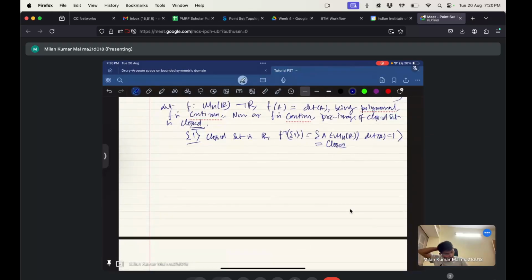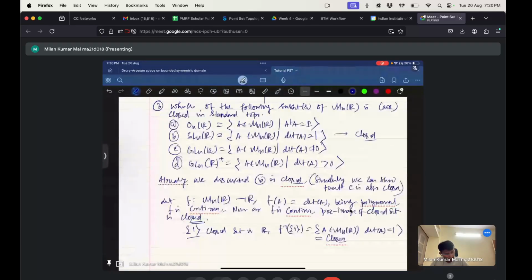Similarly, we can show that C and D are open. How can we show that?